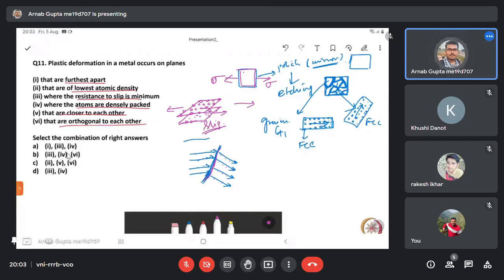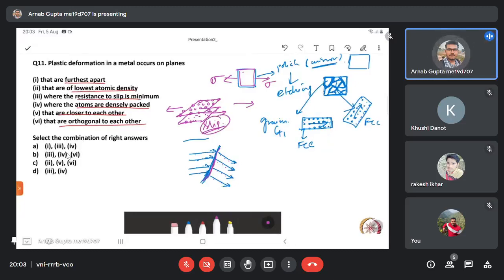Due to this slip, there are multiple regions where the slip might get arrested. Arrested means it is not able to proceed from one point to the next. What are those reasons? One, if you have any interstitial elements or phases in between, they resist the gliding motion.